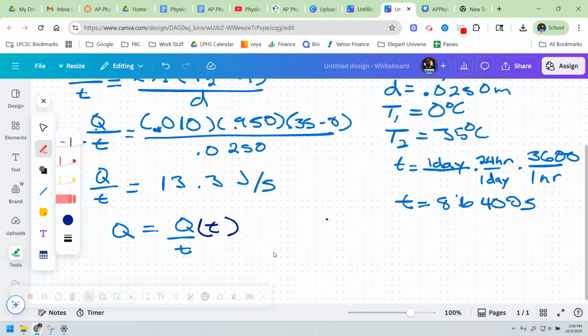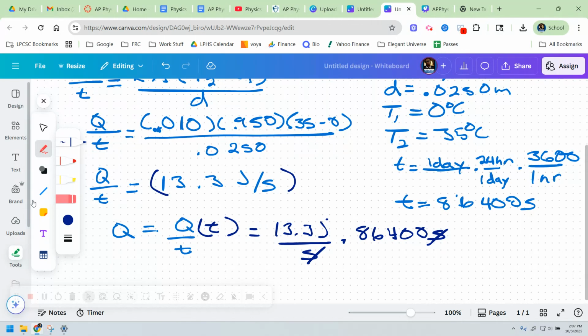Right? Because the T's technically cancel. So what does that mean? Well, I know that Q over T is this value. So I'm going to say 13.3 joules per second times the time. What's the time? 86,400 seconds. My seconds cancel.